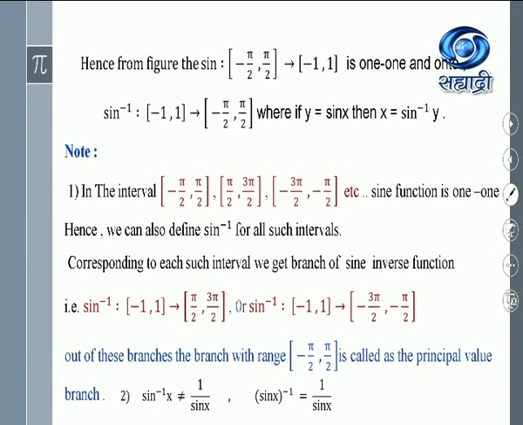But sine x raised to minus 1, you can write as 1 upon sine x. So please remember, there is a difference between this notation and that notation. Clear? So sine inverse is the function from the closed interval -1 to 1 to -π/2 to π/2. Both are closed intervals.